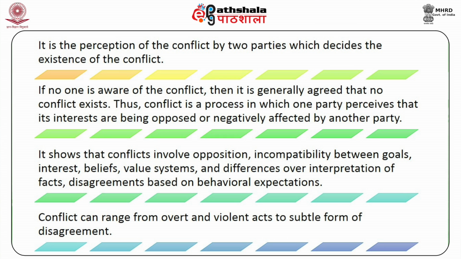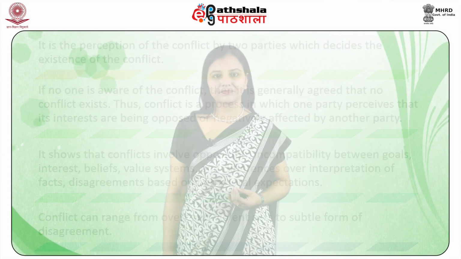It shows that conflicts involve opposition, incompatibility between goals, interests, beliefs, value systems and differences over interpretation of facts, disagreements based on behavioral expectations. Conflict can range from overt and violent acts to subtle forms of disagreement.